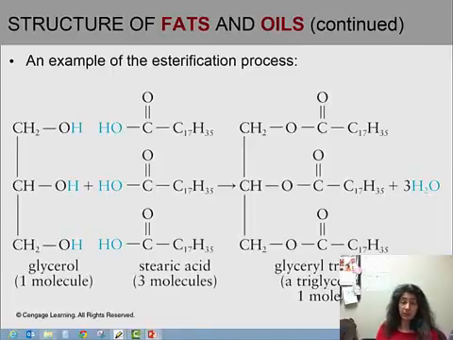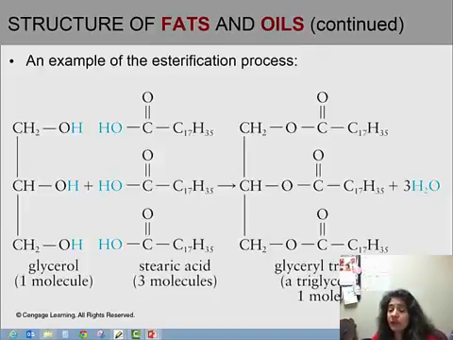So here we're just going the other direction, right? So we know we can do hydrolysis and break it apart. We can do dehydration and put them together and get our water molecule out of it.